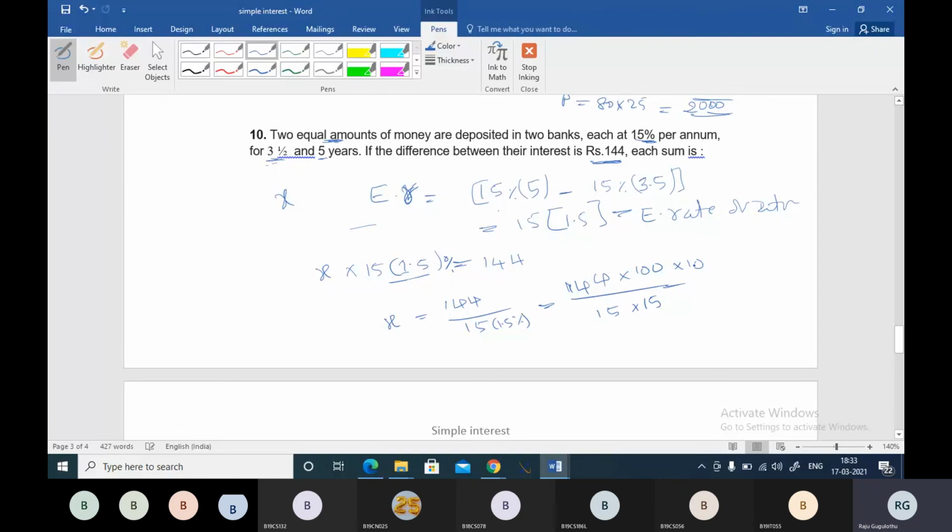Then 5 2s, 5 3s, 5 20s, 3 4s 12, 3 8s 24, 3 16s 48, and so on, giving 640. So 640 will be your principal.